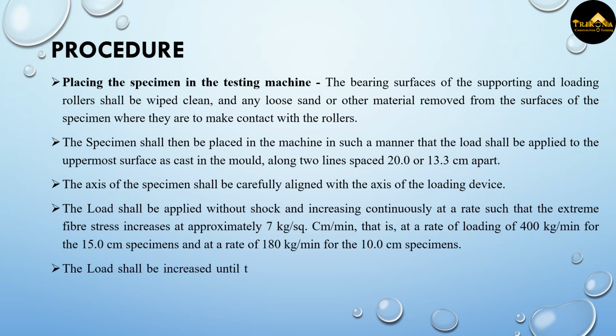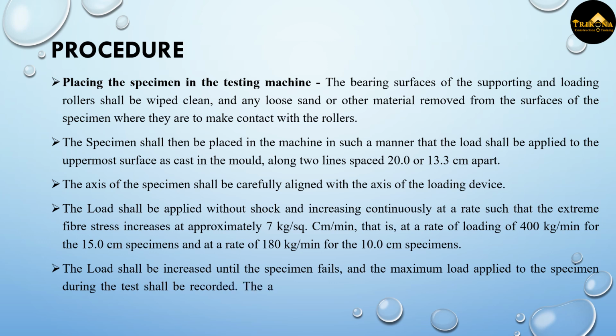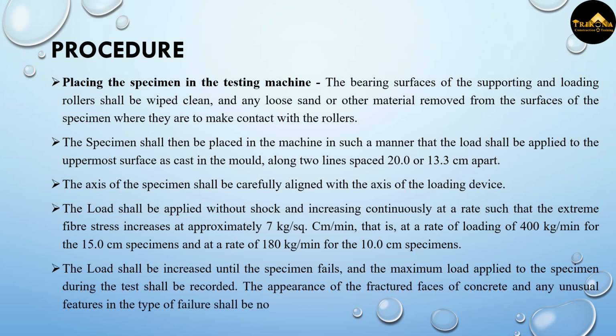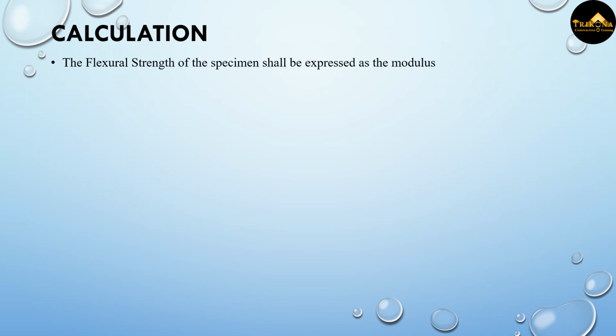The load shall be increased until the specimen fails, and the maximum load applied to the specimen during the test shall be recorded. The appearance of the fractured faces of concrete and any unusual features in the type of failure shall be noted.